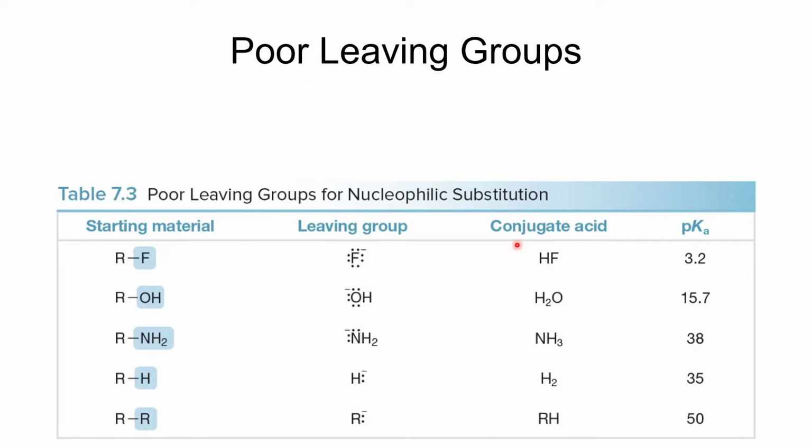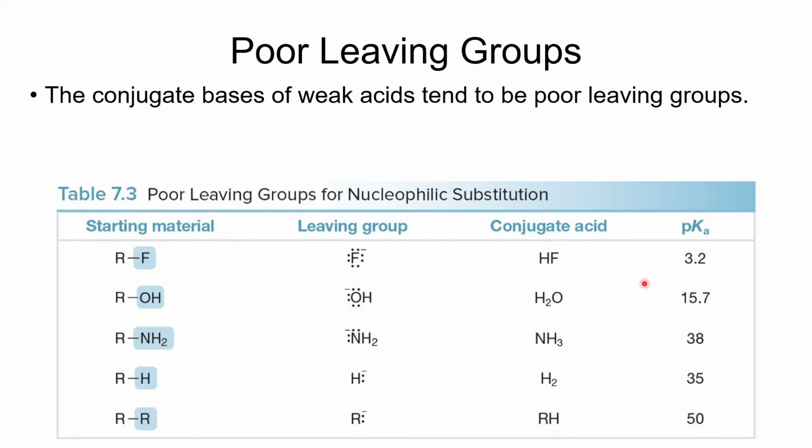Conversely, for poor leaving groups, so fluoride, hydroxide, NH2-, which is the amide ion, hydride, and carbanion, their conjugate acids are going to be much weaker than the ones on the previous page, and we'll find that the pKa of these are positive.